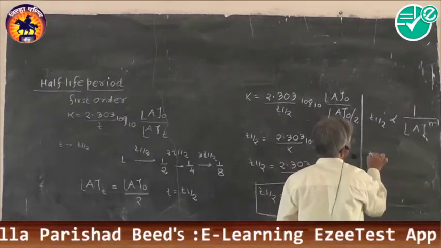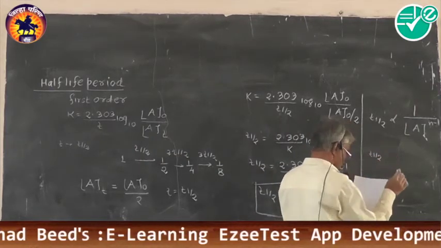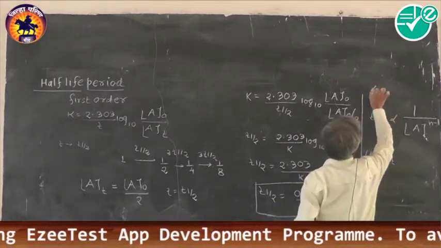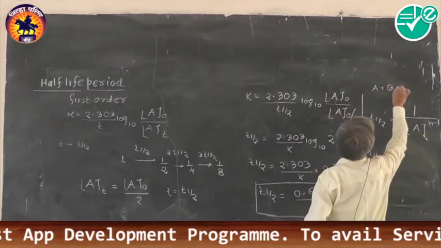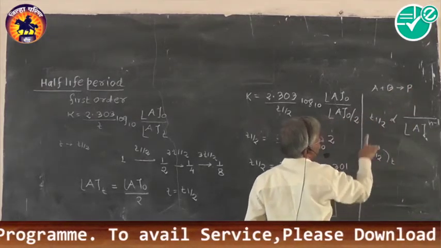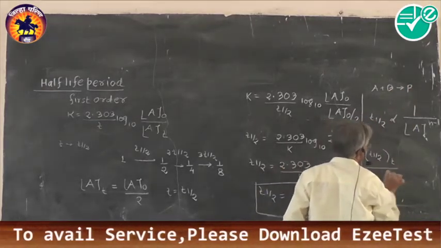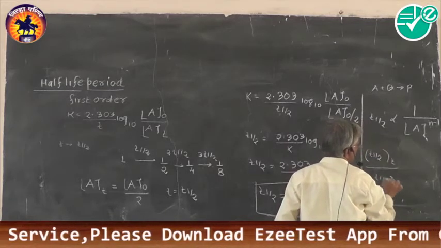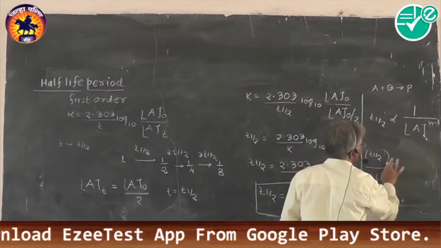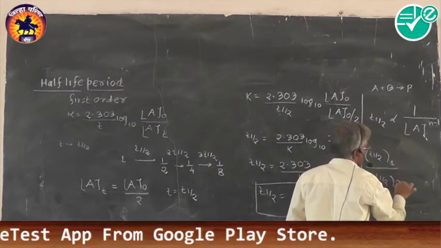For that purpose, say t 1/2 for one reactant, that is reactant A, is the half-life period with respect to reactant A. With respect to reactant B, I take the half-life period, giving subscripts 1 and 2.